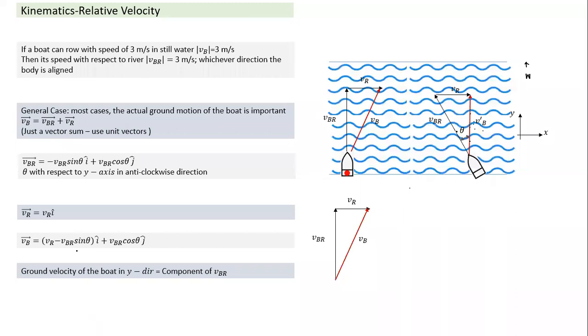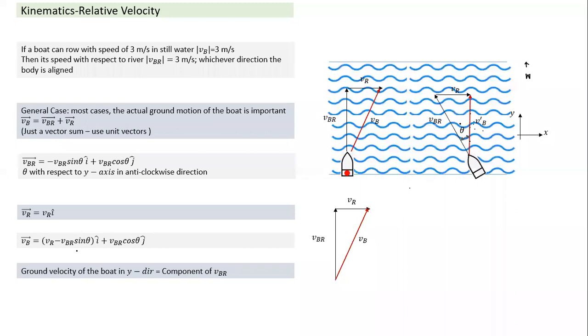Only VBR contributes to the y component. If theta is 0, the y component of ground velocity is equal to VBR. As theta keeps increasing, the y component keeps decreasing, and it will take more time to cross the river.